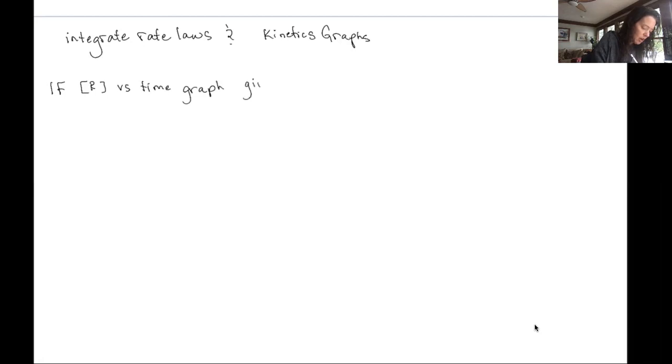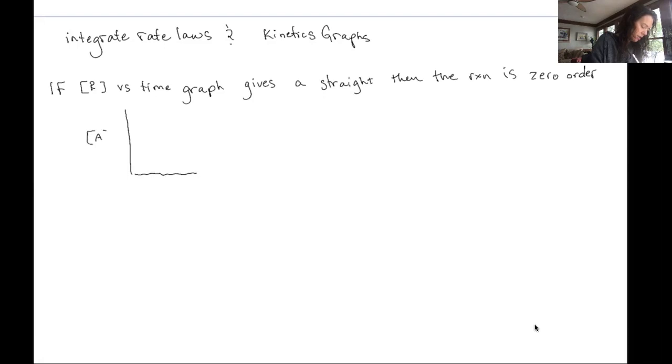So if the concentration of the reactant versus time graph gives a straight line, then the reaction is zero order. All right. So if you make this graph and you get a straight line and it is concentration versus time, you will have a straight line with a negative slope, and that will tell you that it is zero order.